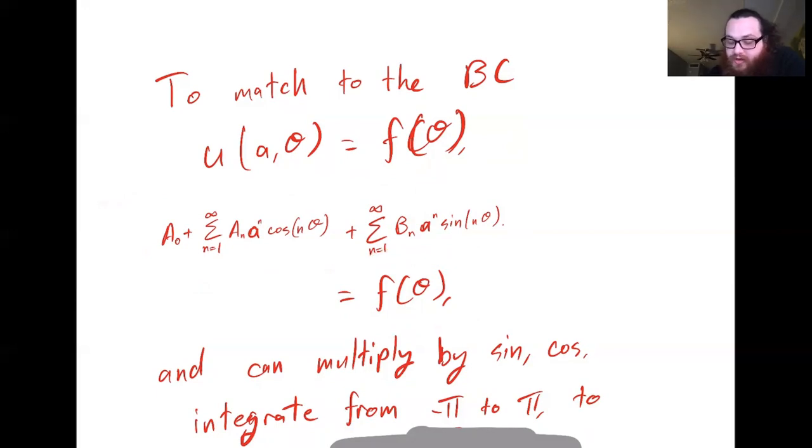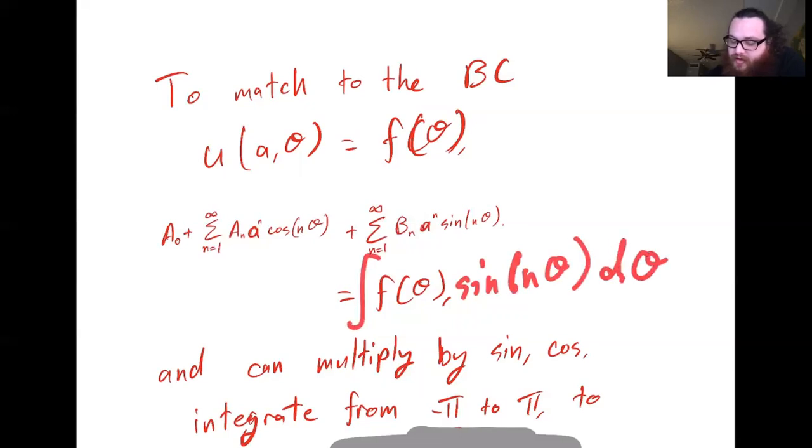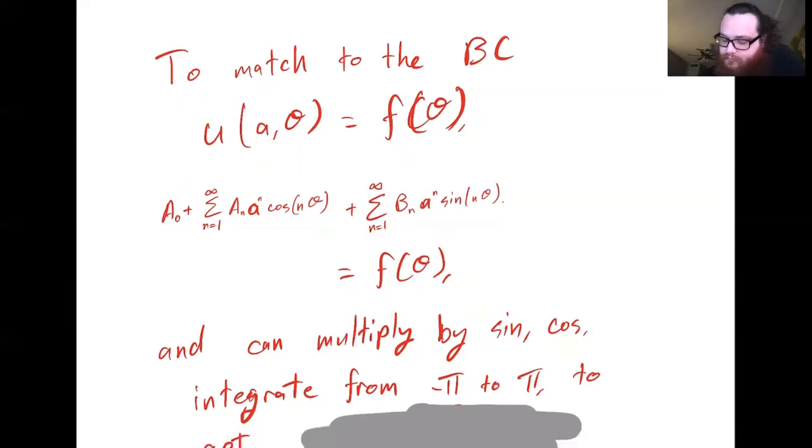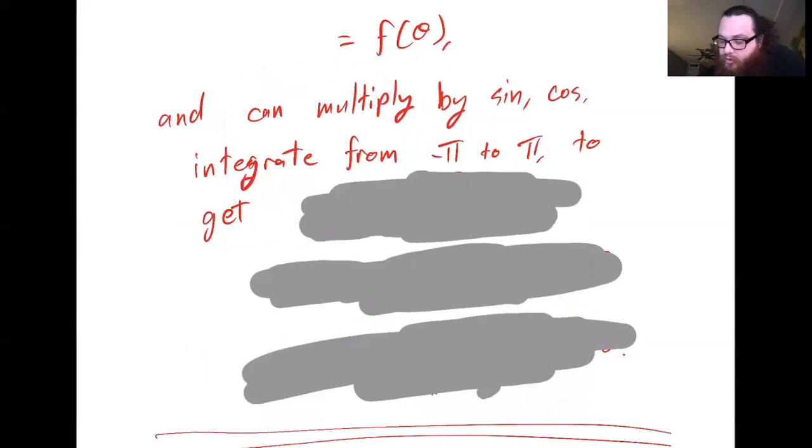And so from all of this, can we figure out what a sub n and b sub n are? It turns out the answer is yes, we can. By the same trick we've been using before, where we multiply both sides by, for example, sine of n theta, integrate with respect to theta from minus pi to pi, and then use certain properties of the sine integrals to isolate a sub n and b sub n. So what does that look like?